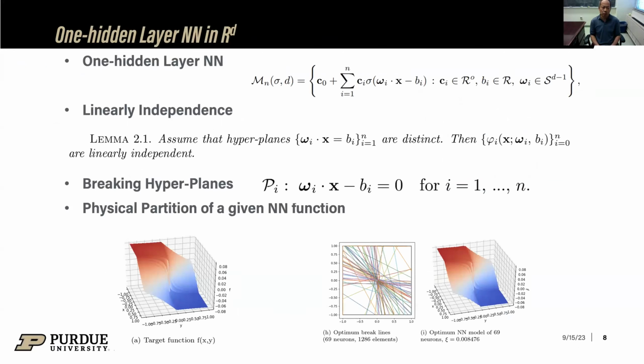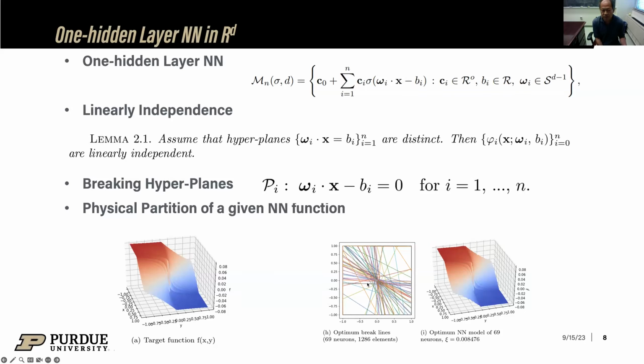Here I give you one more understanding: if you fix the weights and biases, then you can show that 1 and these neurons are linearly independent. The geometrical meaning of these neurons is that they produce some hyperplane. On one side it is equal to 0, on the other side it is linear. Okay, so this is the geometry.